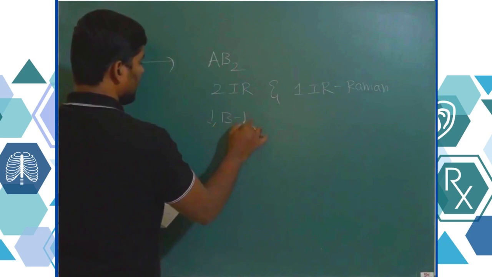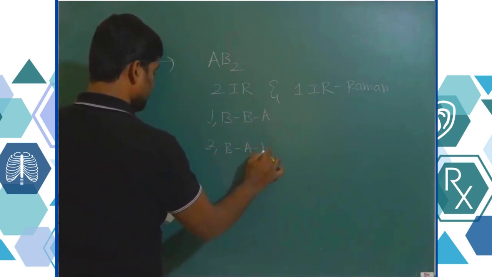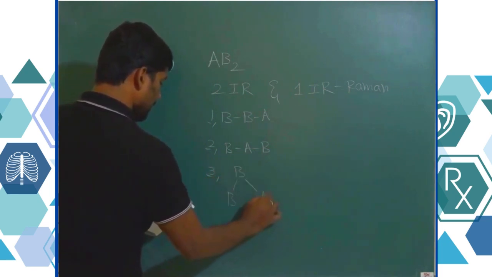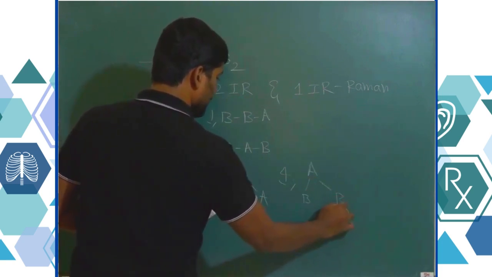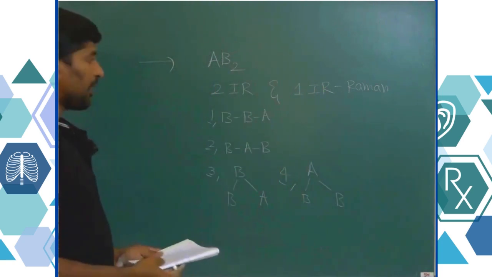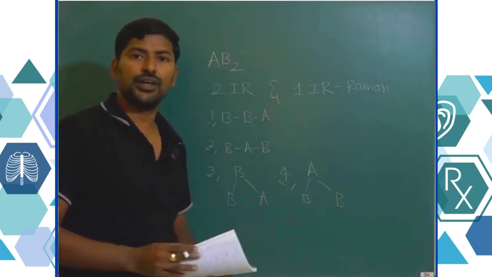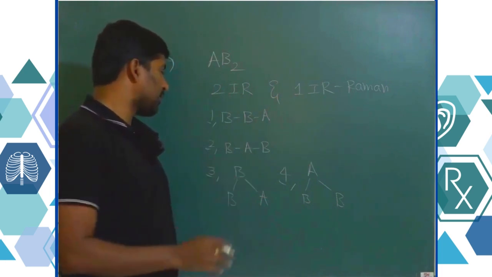Options given: BBA, BAB, ABB. In the given data, common lines are not mentioned, which means it may be a centrosymmetric molecule.